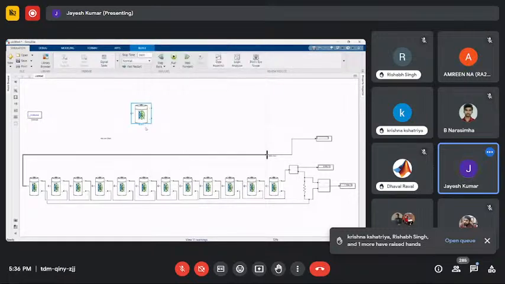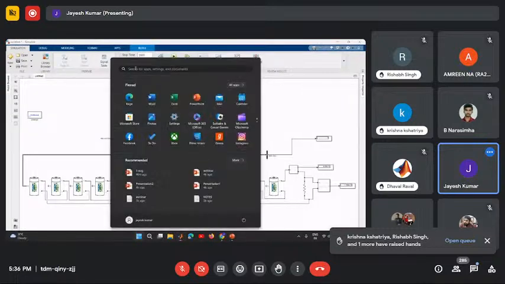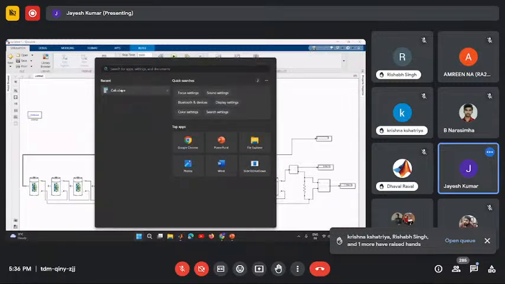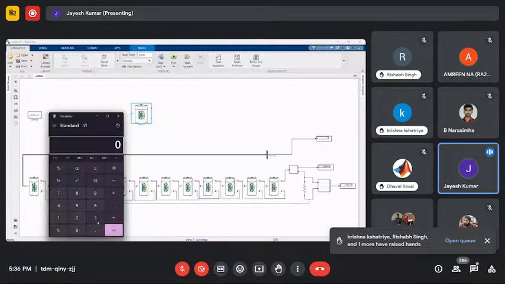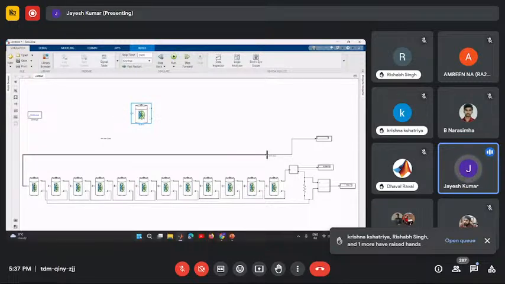Each cell is 3.7 volt and I want to generate the battery pack for 50 volt or 44 volt only.